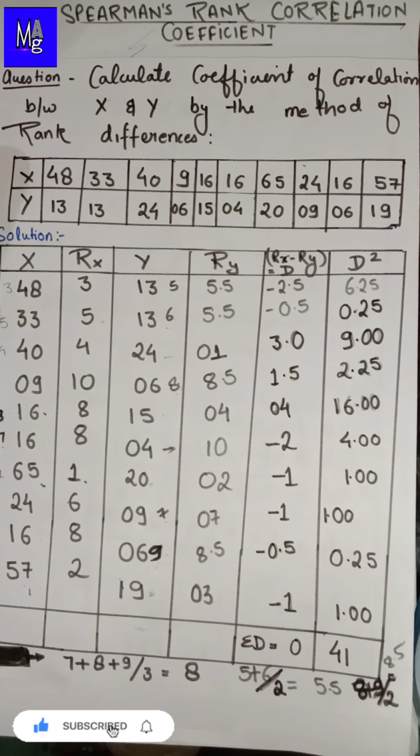And here also we have two values which have been repeated twice. That means 6 has been repeated twice, so it should be given rank 8 and 9, and the average of it will be 8.5, 8.5, and the next value will be given the 10th rank. That means the last one, that is 4, should be given the 10th rank.